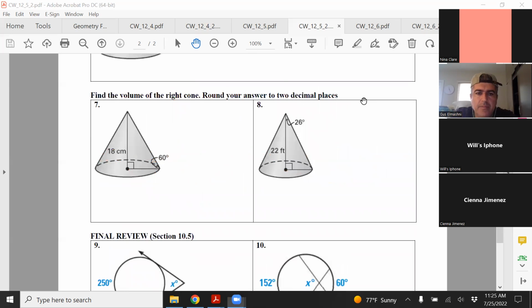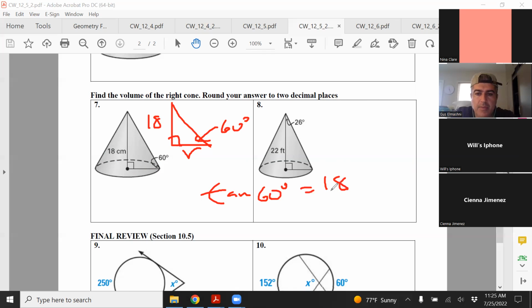Yeah, so I use the 30-60-90 ratios. We can use trig, it's fine. That's 18. That's 60 degrees. And that's your radius. So tangent of 60 degrees is 18 over r.